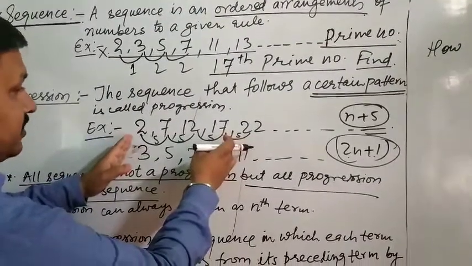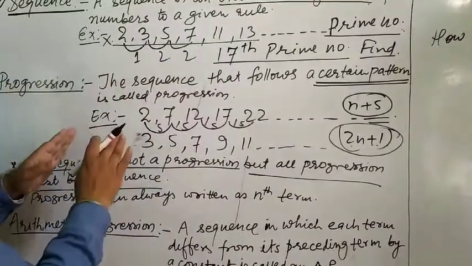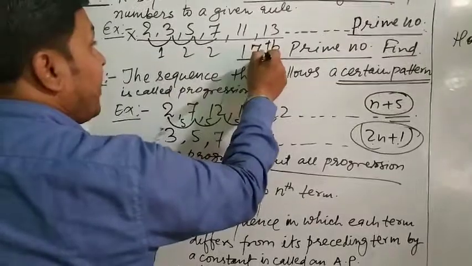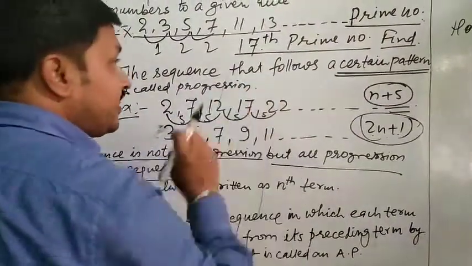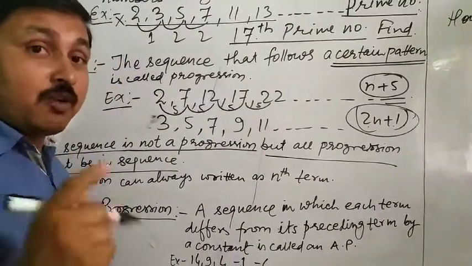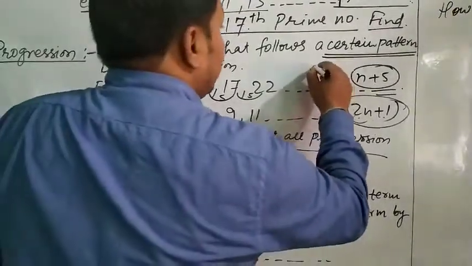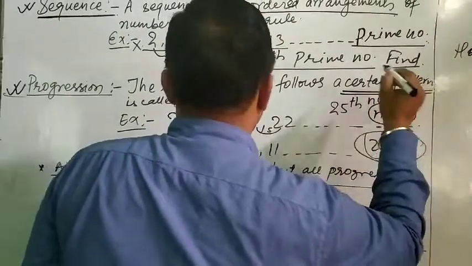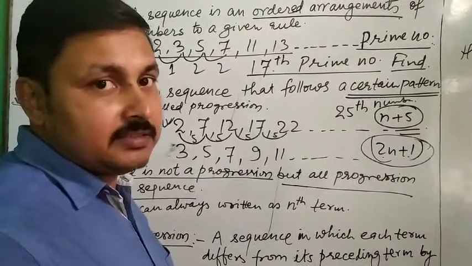These are progressions, and we can say that these are sequences also. In the sequence, we cannot find the 17th prime number. But in the progression, if you ask me a question, find the 25th number in this progression, I will find that.